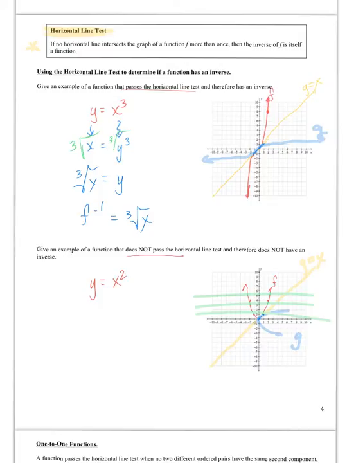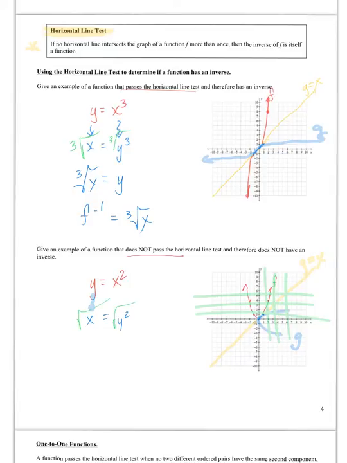So it makes sense that the reflection across y equal x does not pass the vertical line test. And again, I could solve for the inverse by interchanging x and y and solving for y.